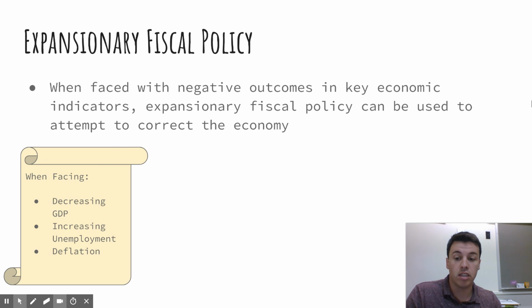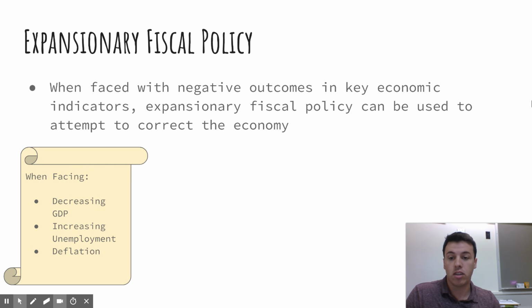We're seeing deflation, which on the surface doesn't seem like such a bad thing, but in reality, lower prices don't matter if nobody has a job. We don't tend to want to see reduced prices over time. We tend to want to see that gradual increase in prices due to the growth in the economy.